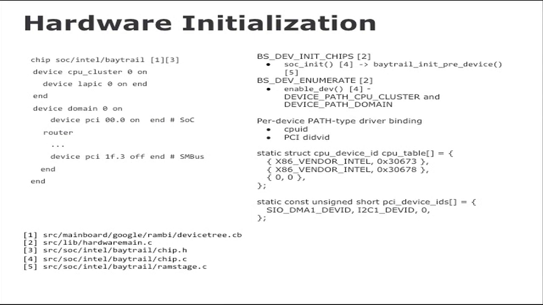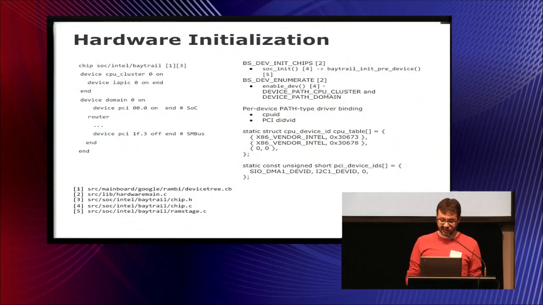So for every chip that's in the device tree, we call the initialization function associated with that particular chip. That's where we start off doing a few things, at least in Bay Trail land, very early before we go through the device probing.